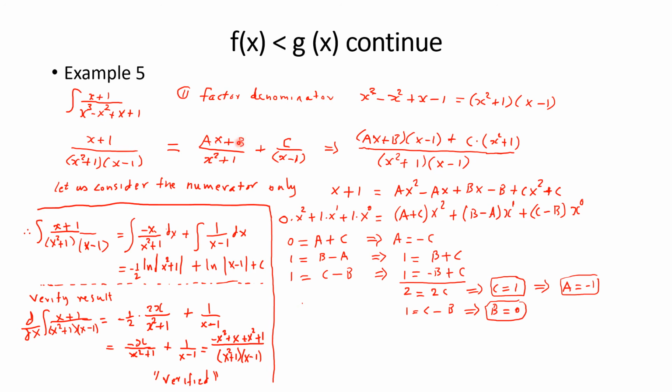Okay, so it will be integration of a, which is negative 1 multiplied by x, divided by x squared plus 1, plus integration of c, which is 1, divided by x minus 1 dx.